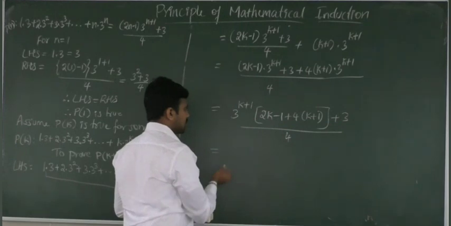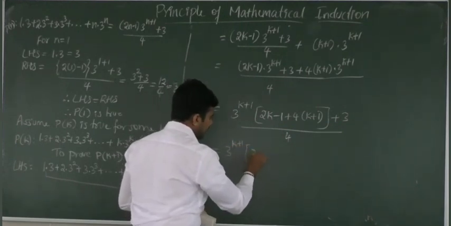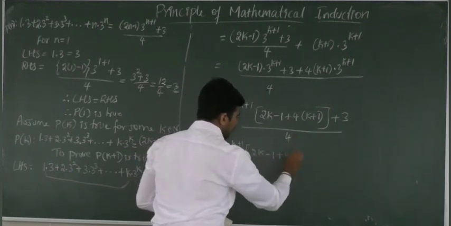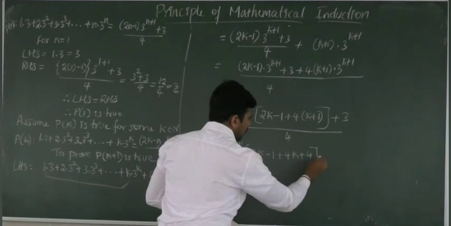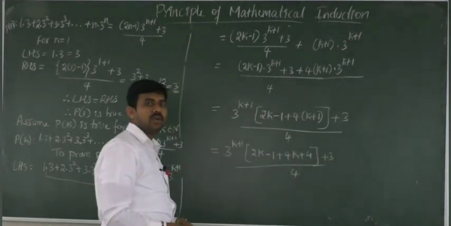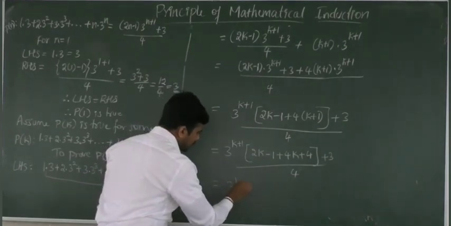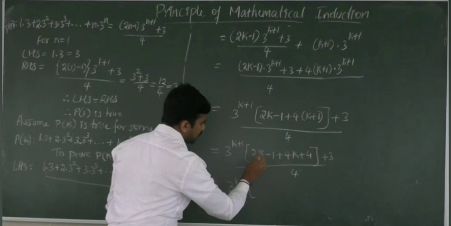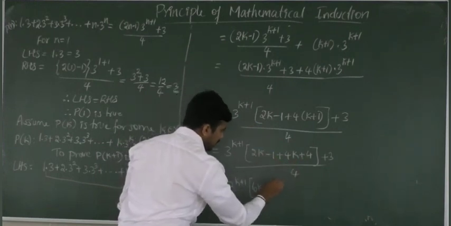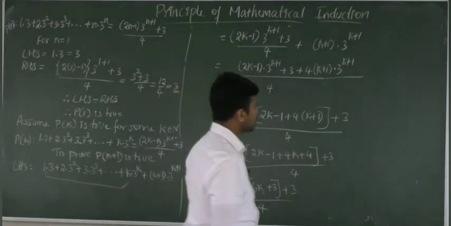And now this is nothing but 3 to the power (k plus 1) into (2k minus 1 plus 4 into k, 4k, 4 into 1 is 4), plus 3, whole divided by 4. And this is nothing but 3 to the power (k plus 1) into (4k plus 2k, 6k, and 4 minus 1 is 3), plus 3, whole divided by 4.